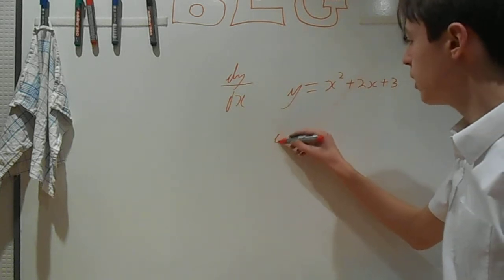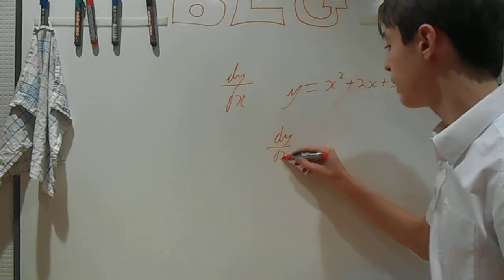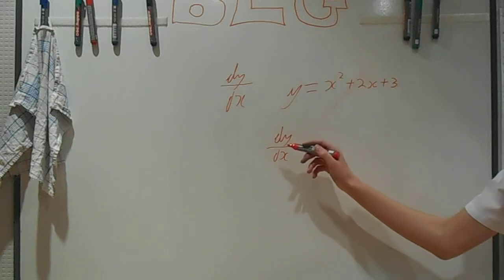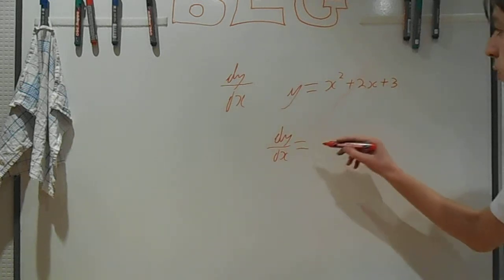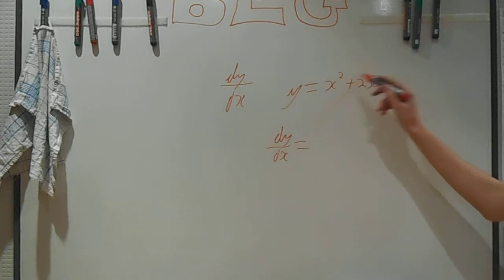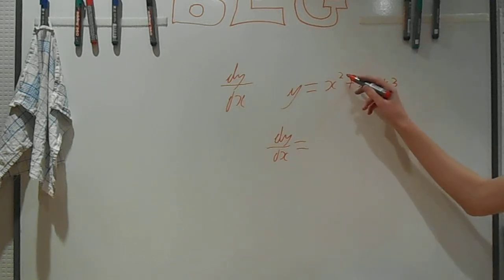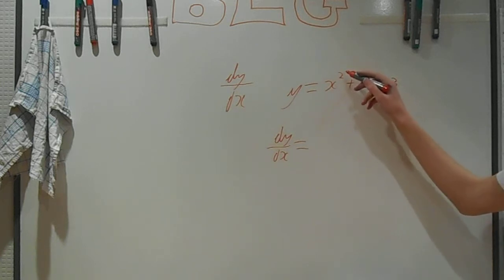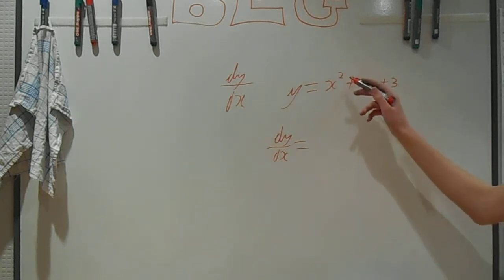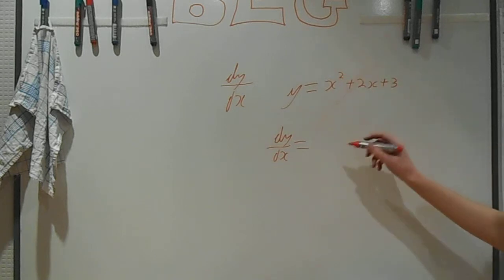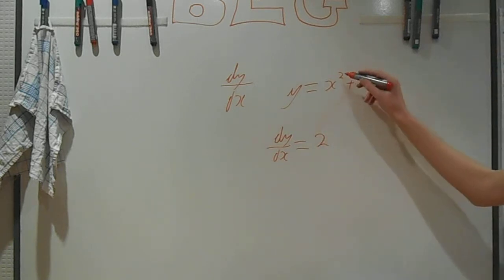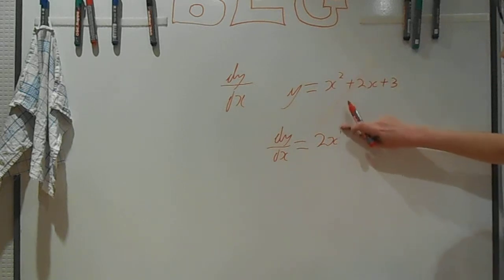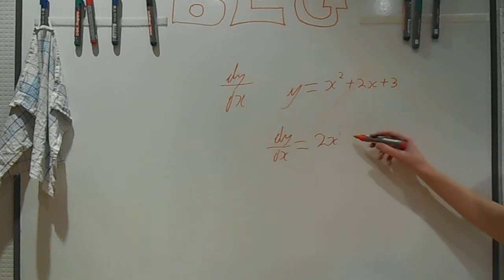So, dy over dx, and this expression essentially means what is the gradient of a curve at any given point, equals, well, we do each term individually, okay, and what we have to do is multiply the x by the power and then subtract 1 from the power. So here the power is 2, so multiply by 2, then we subtract 1 from 2 is 1, so it's just 2x to the 1 or 2x.